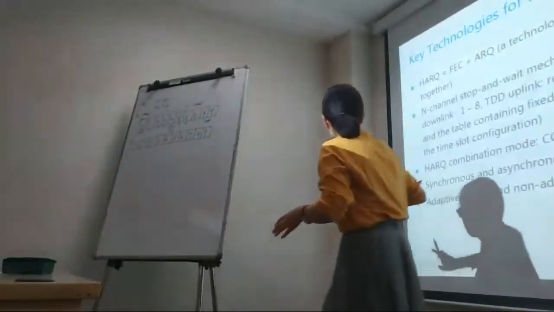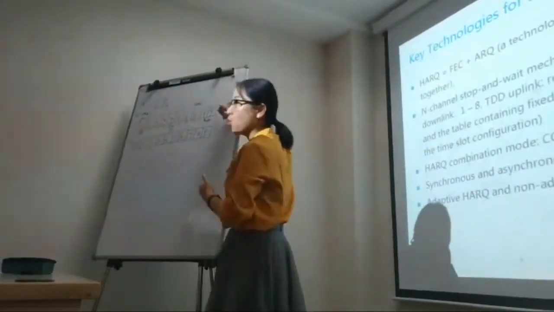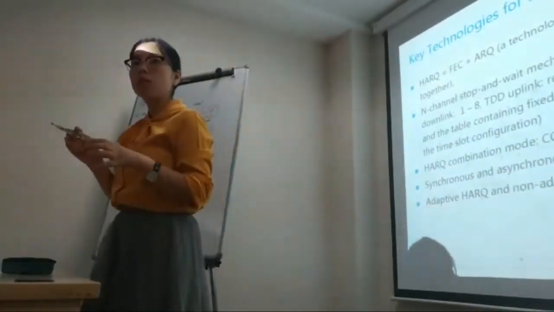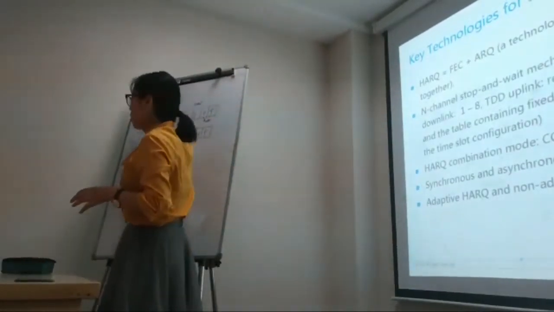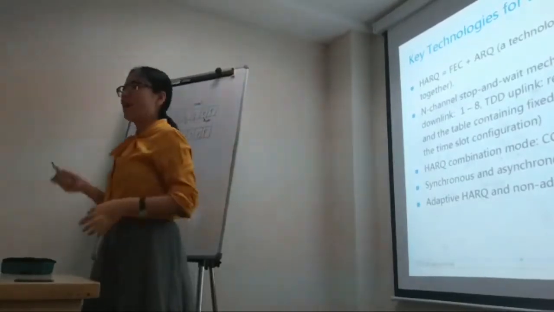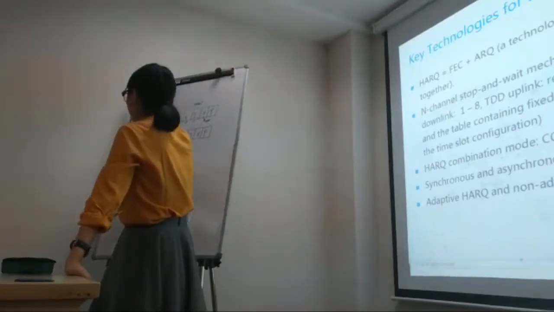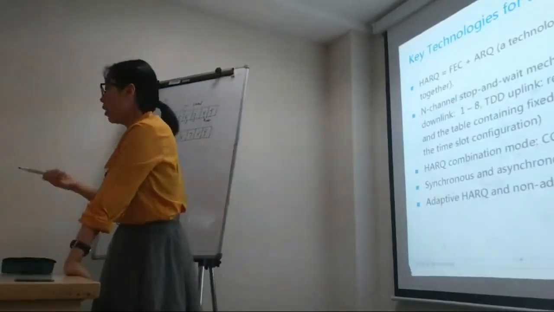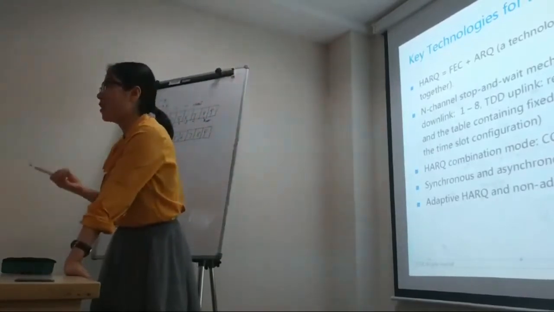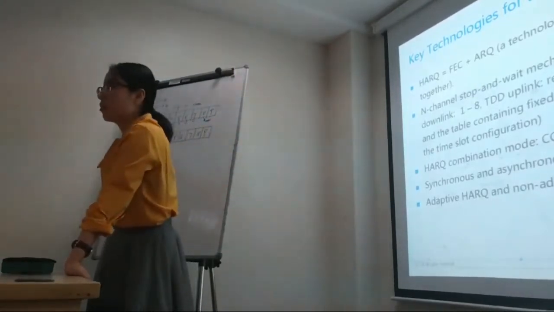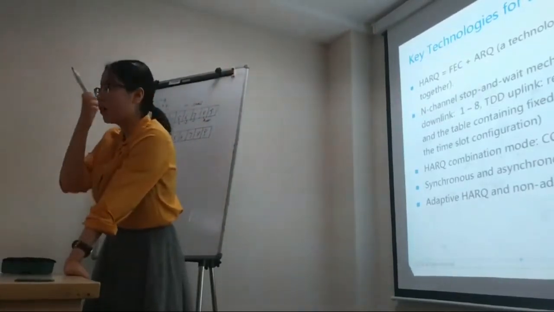If we use synchronous, the next time I transmit is fixed, right? So you don't need to add the HARQ process number because it's fixed. If I receive this one, I will know it's HARQ process 3. If I receive this one, I will know it's HARQ process 8. The UE can calculate it easily, so I don't need to add the HARQ process number.